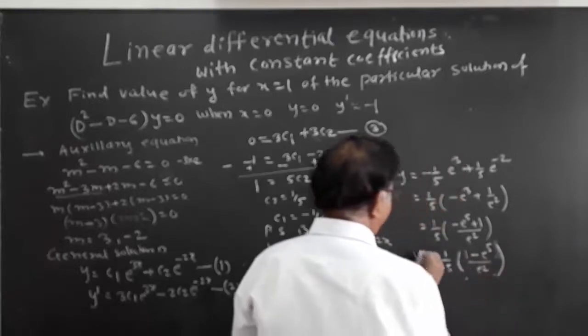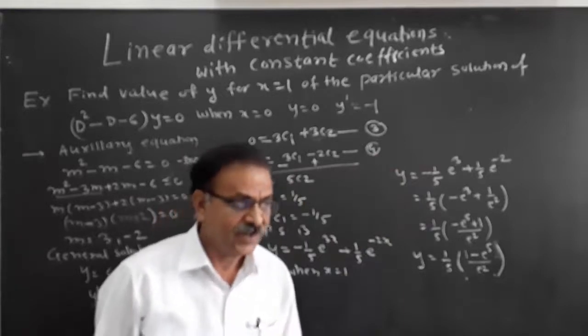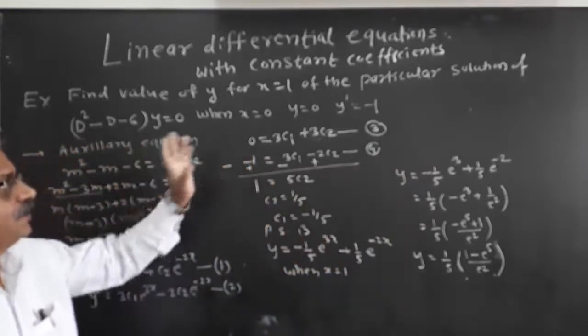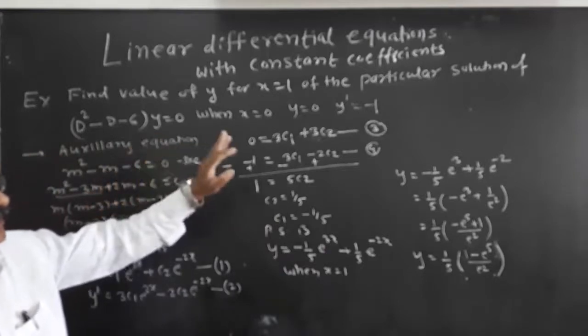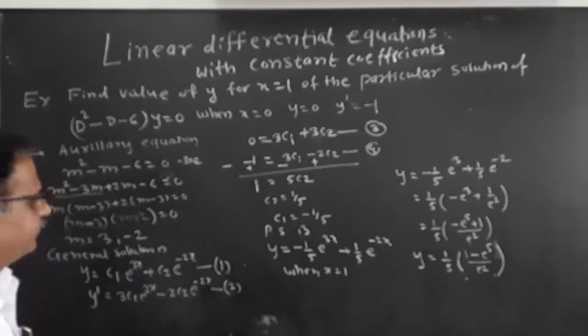This is the value of y when x equal to 1. This way we can find out values of y when x equal to given value in a particular solution of the given differential equation with boundary conditions.